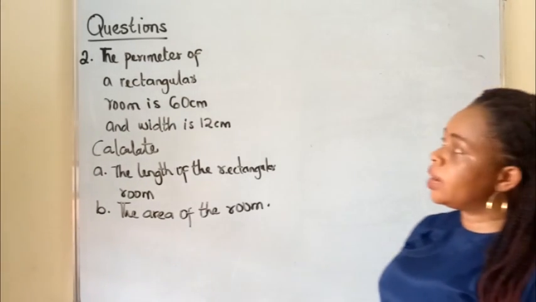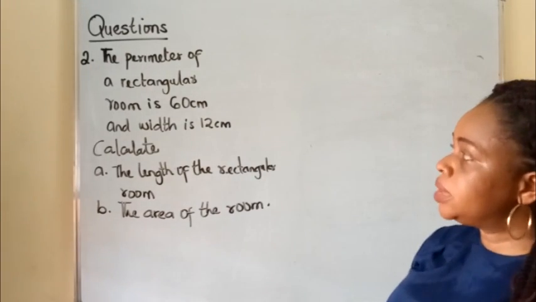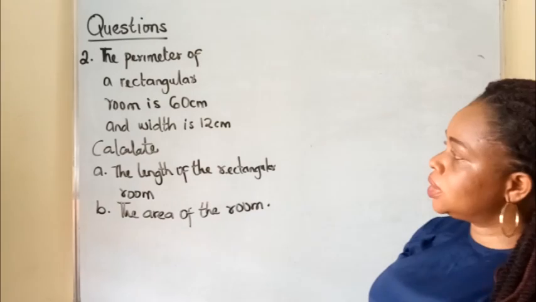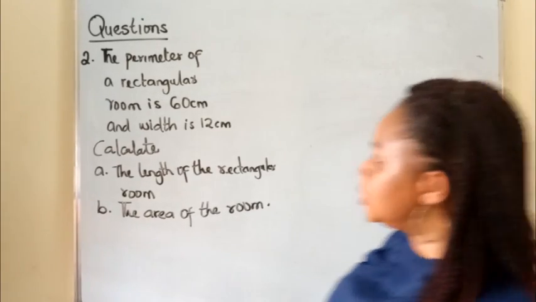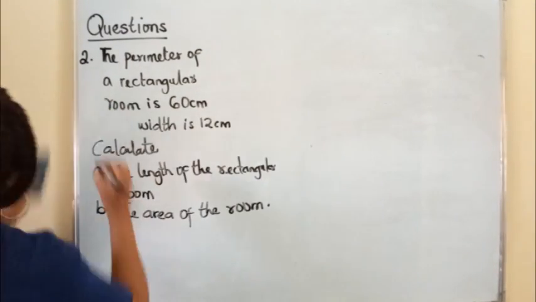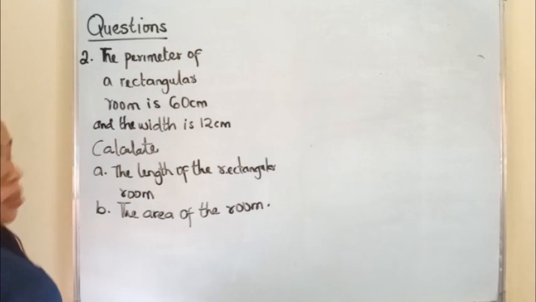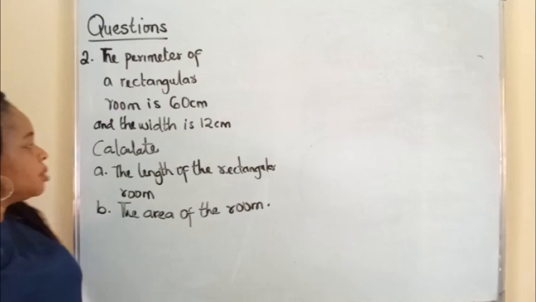Okay, let's see what we have. The perimeter of a rectangular room is 60 centimeter and the width is 12 centimeter.